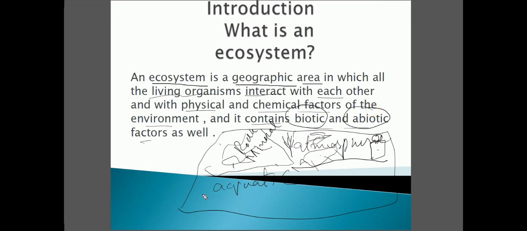So this is a geographical area of living organisms in which fish could be here. These organisms interact physically and chemically. Physically, with the substances present there, and chemically, those substances may also contain chemicals in the form of biotic and abiotic. That specific area is called an ecosystem.